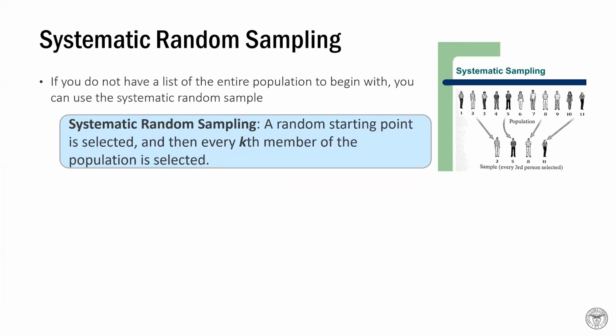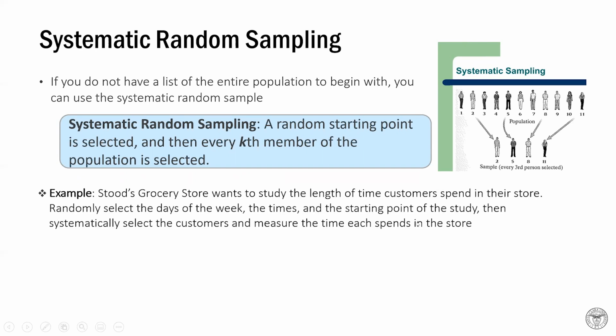Simple random sampling is not an effective method for some scenarios. For example, Stuart's grocery market needs to sample its customers to study the length of time customers spend in the store. Practically, however, we cannot list the population of all customers.